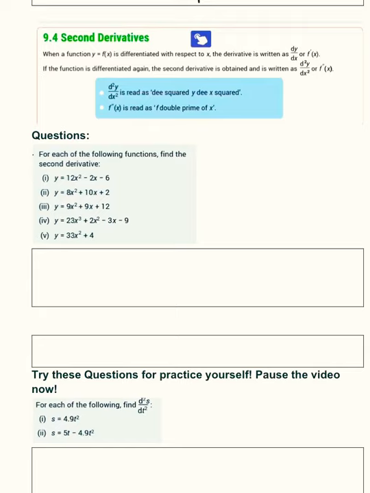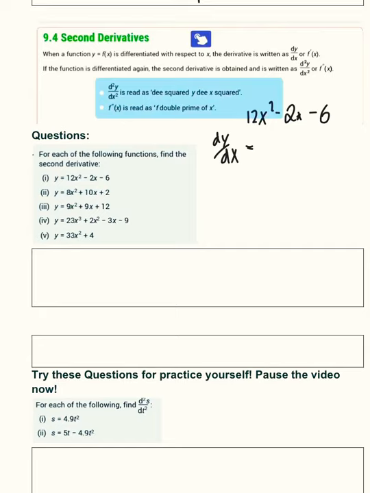So let's see a little example. Part 1, dy dx. I'm given the function 12x squared minus 2x minus 6. Same formula, same steps: take the power multiplied by what's in front, minus 1 from the power.